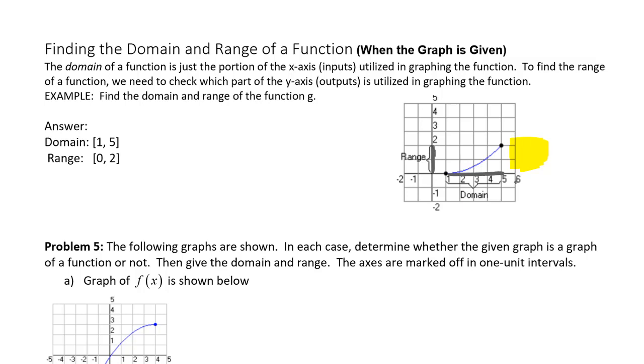That means that this function has a domain from 1 to 5, and since we have closed dots on the ends, this is a domain value including 1 and including 5. And then range will be from 0 to 2.